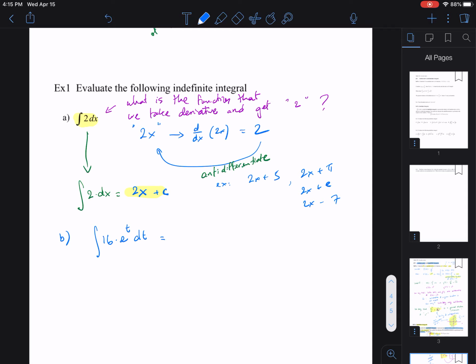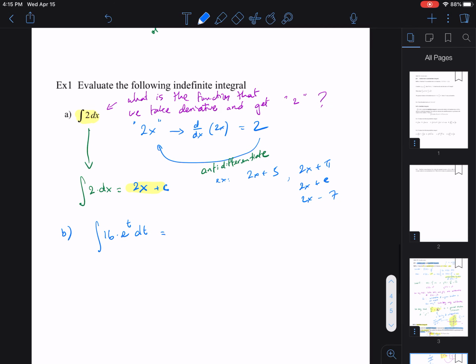can use in this case, just like when we differentiate a function. If there's a coefficient, we can leave the coefficient there and multiply it by the result. Very similar here. That 16 can be moved out in front of the integral, and all we have to do is focus on finding the antiderivative of e to the t.